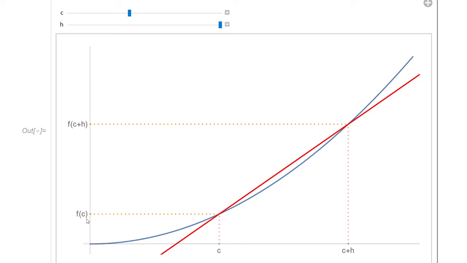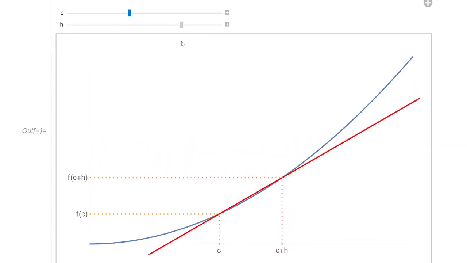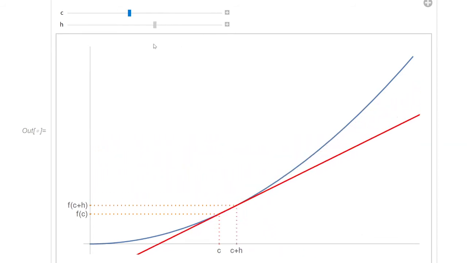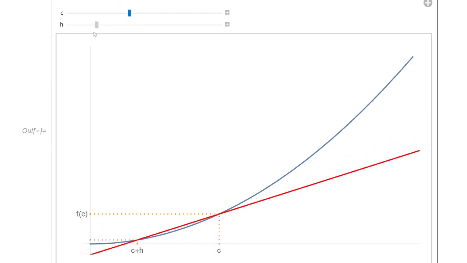x equals c, and y equals f of c, at this point down here? Well, if we take this second point and we start moving it closer, you can see that the line gets closer and closer to being what we would call a tangent line, until at this point, it's exactly the tangent line. We could do that coming from the right. We could also do it coming from the left side as well.